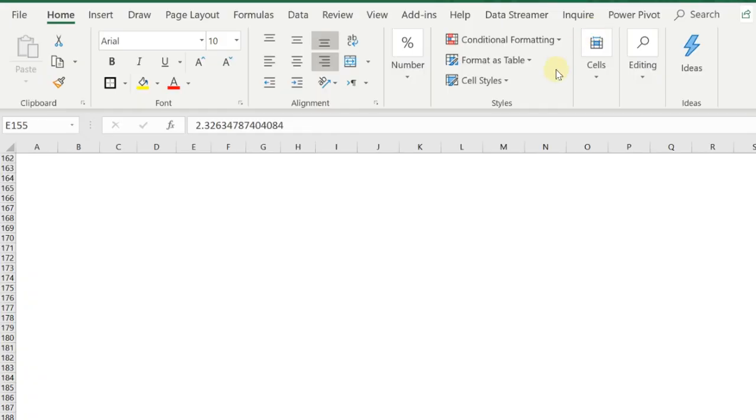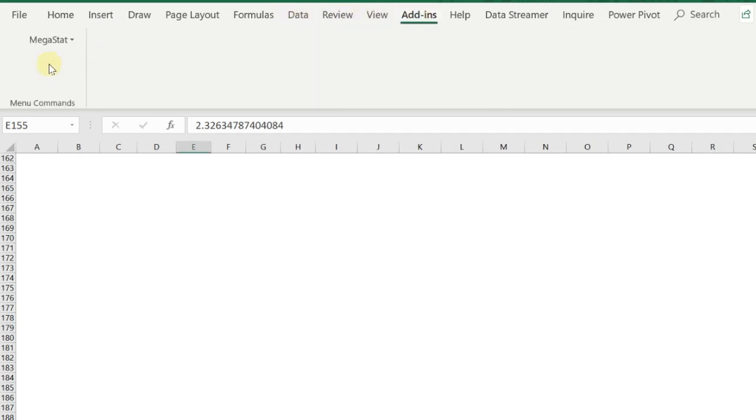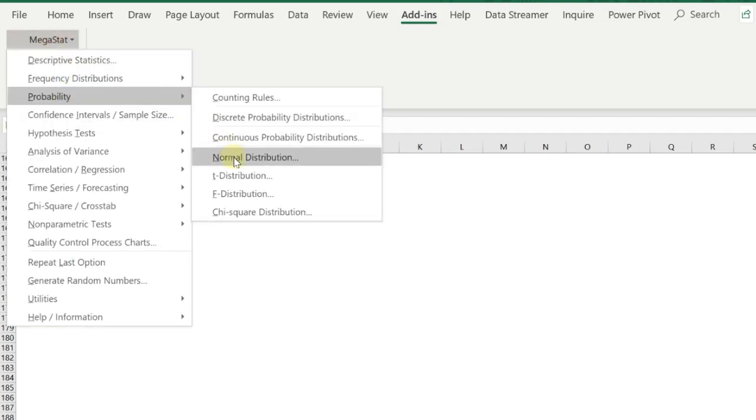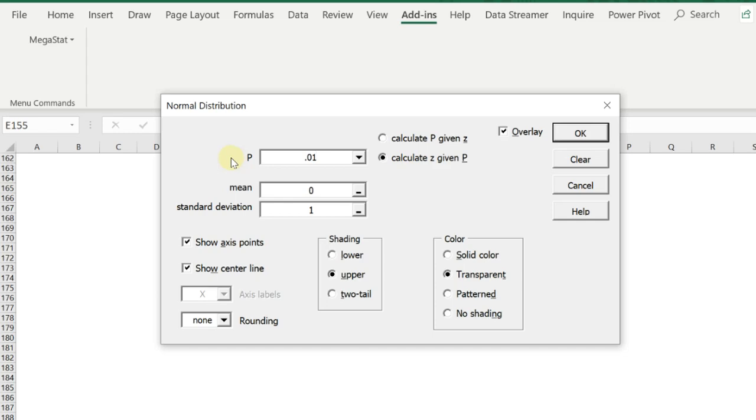Okay, so I'm in Megastat now, and we're going to input the information that the exercise provided. I'm going to go to add-ins, Megastat, probability, normal distribution. Now in part A, we want to know the probability of greater than $42,000. Make sure you calculate probability given Z, and remove the overlay.